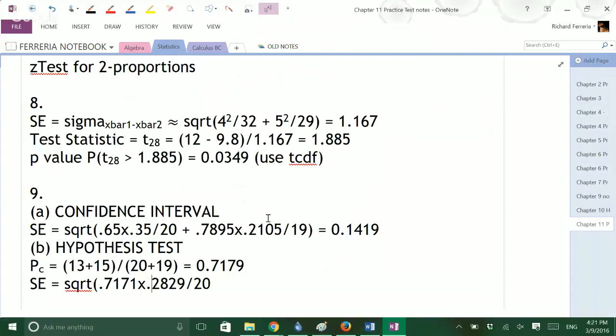Can you just round it to, can you do like 0.7? Since we're dealing with proportions, I do try and keep it at 4. Okay. Plus, that's going to be the same thing, 0.7179 times 0.2821 out of 19.